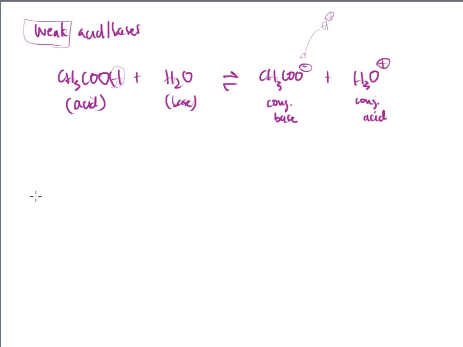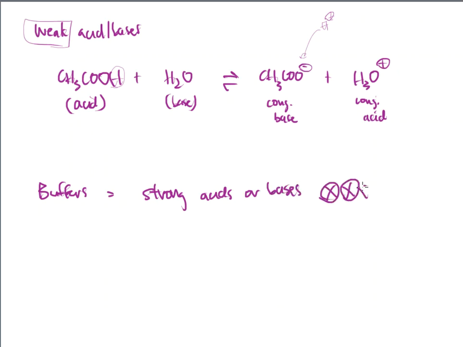So now, how does this relate to buffers? Because that's what this lecture is about, right? Buffers cannot be strong acids or bases. Can't be those. Sorry. That's not the definition of a buffer.